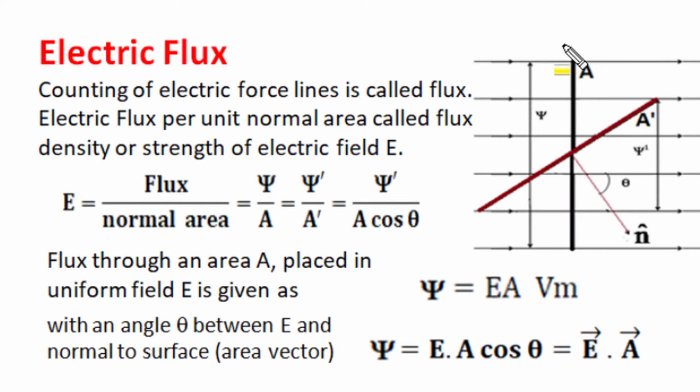So when an area is placed normal to force lines, or area vector and electric field intensity vector are in the same direction, then the amount of flux passing through that normal area is given by the product of electric field intensity and area.